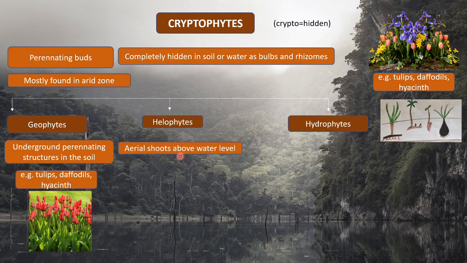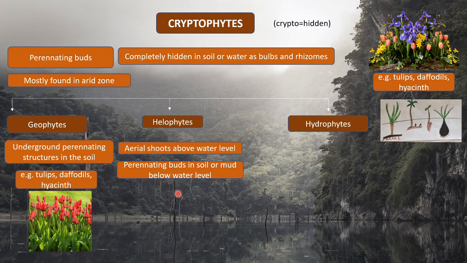Halophytes have their aerial shoots above water level, and their perennating buds are in soil or mud below water level. So this is a kind of marshy situation, where the perennating buds are present in soil or mud a little below water level. You can imagine a marshy, muddy situation where the plants are growing.